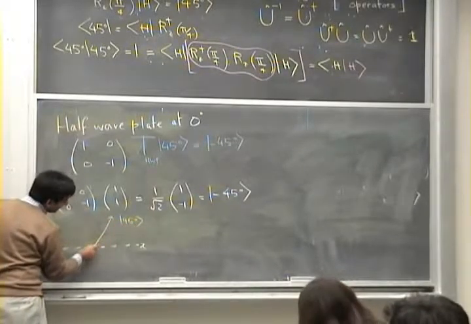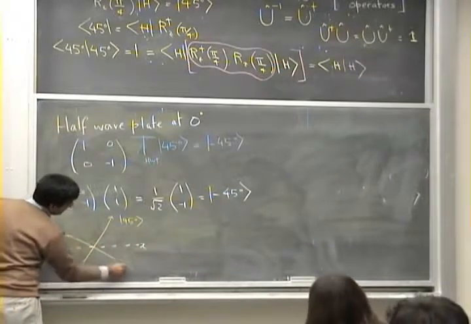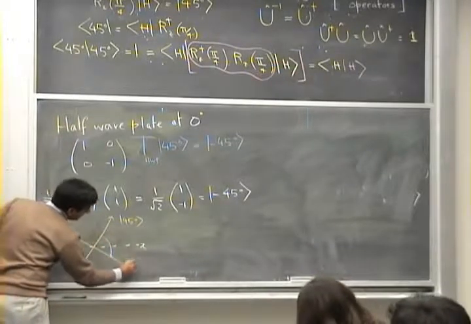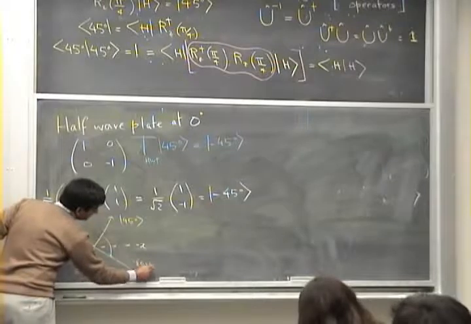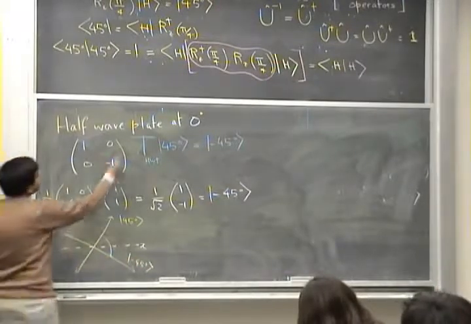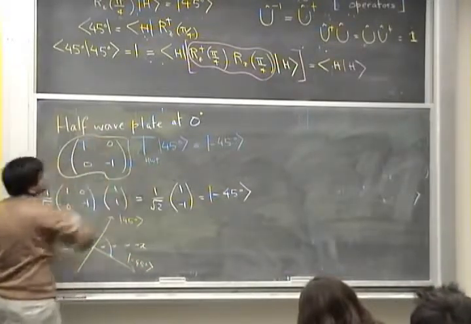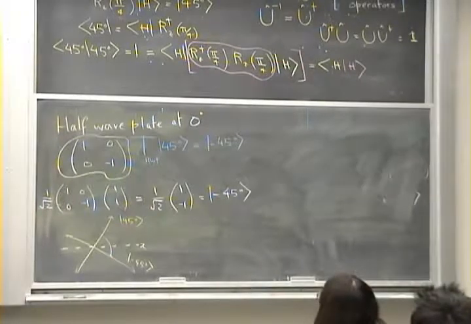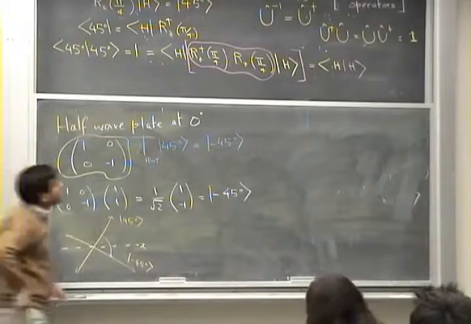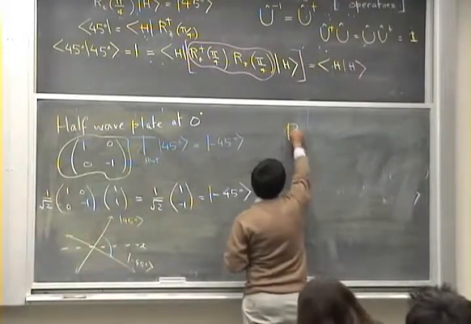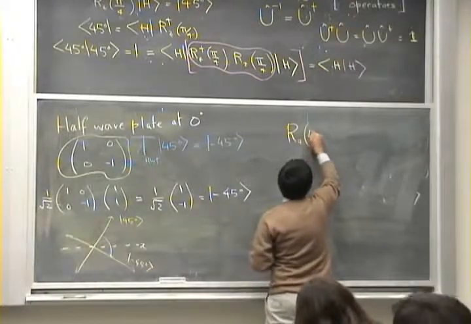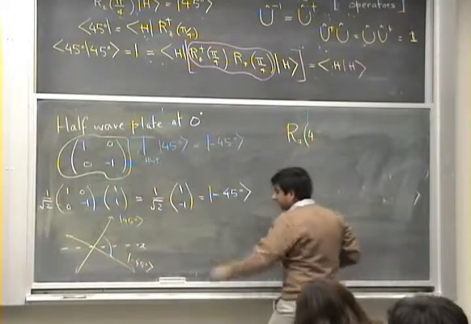It has rotated this state through 90 degrees, and I have achieved minus 45 degrees. So is this matrix the representation of the rotation operator? Yes. If I denote the rotation operator Rz, with 90 degrees as my rotation angle.